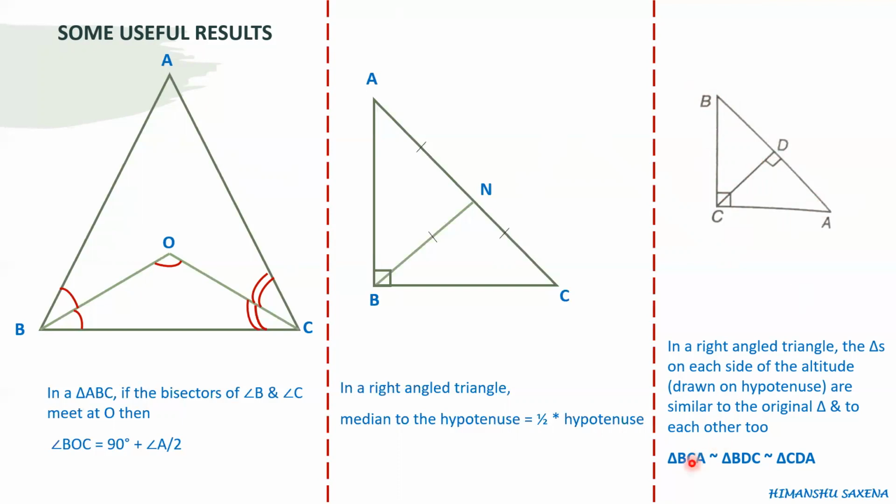The order of the vertices written in these triangles is very important here. So BCA is similar to BDC. Why have we written BDC? Because in BCA and BDC, this angle is common. So this is equal. In BCA, C is the 90 degree angle. In BDC, D is the 90 degree angle.